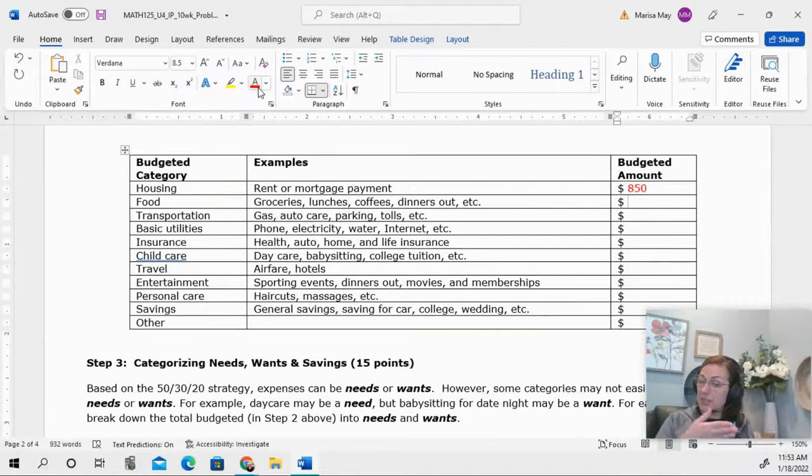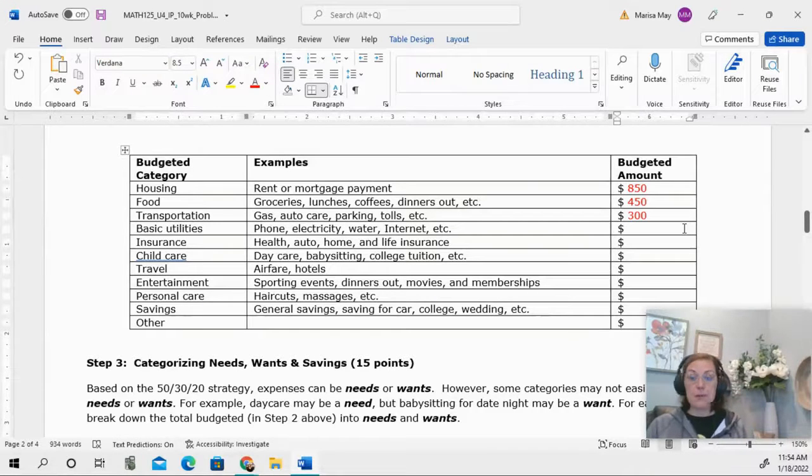And notice this is dinners out too, so you want to include an amount for that. Got to put gas in your car to get to work. Maybe I'll do 75 per week, so 75 times 4. See how I did that? If I did it per week, then I just multiplied by 4 to find out how much that is.